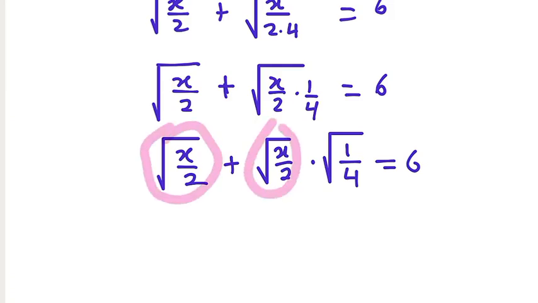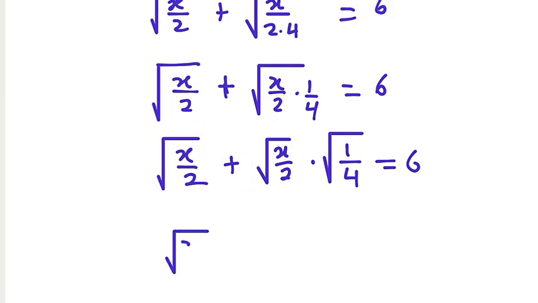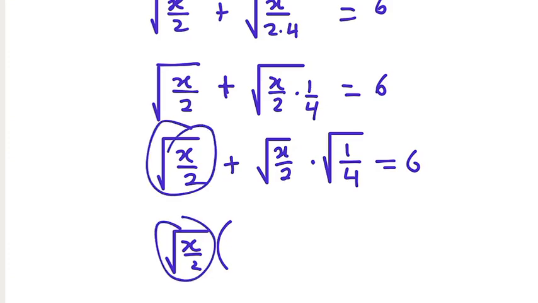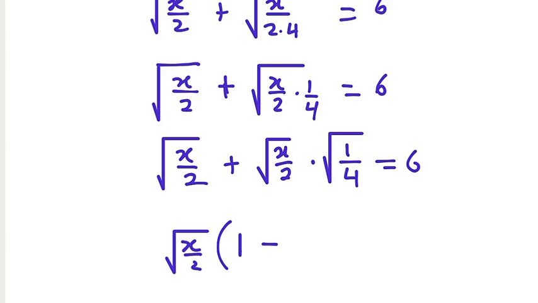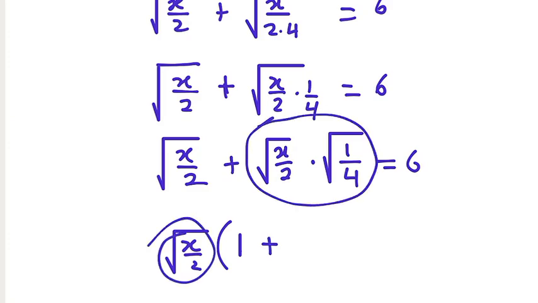We factor out the square root of x over 2. This divided by this is 1, so we have 1 inside, plus everything here divided by this, leaving the square root of 1/4.